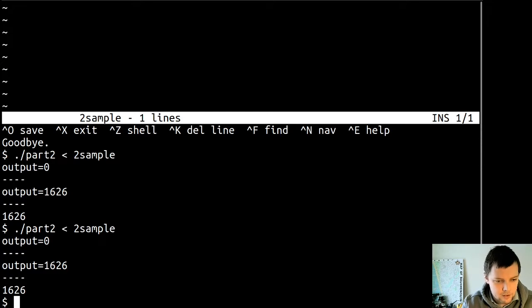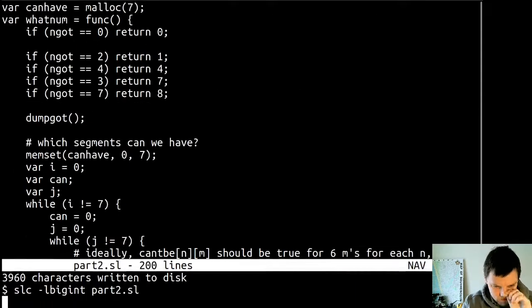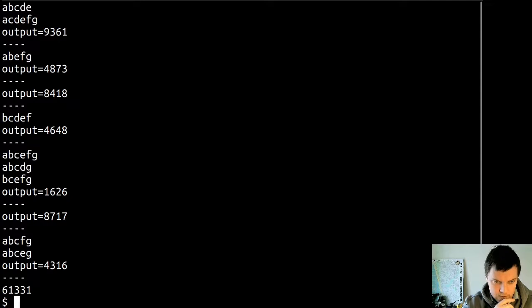So how can that output be 1626? Actually the behavior we've observed could easily be explained if it just always prints a 6 when it should print a 5.